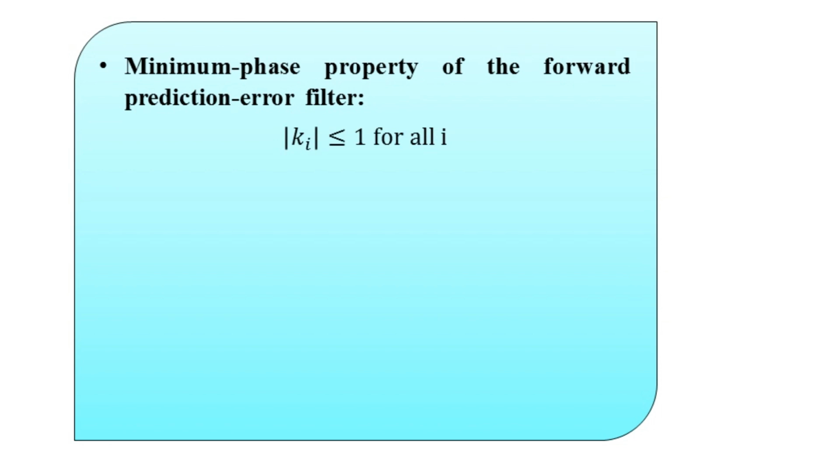Another relation we can express is capital E to the power small f, suffix small m, equal to the parenthesis 1 minus mod square of the reflection coefficient k suffix m, multiplied by capital E suffix m minus 1 with power f.